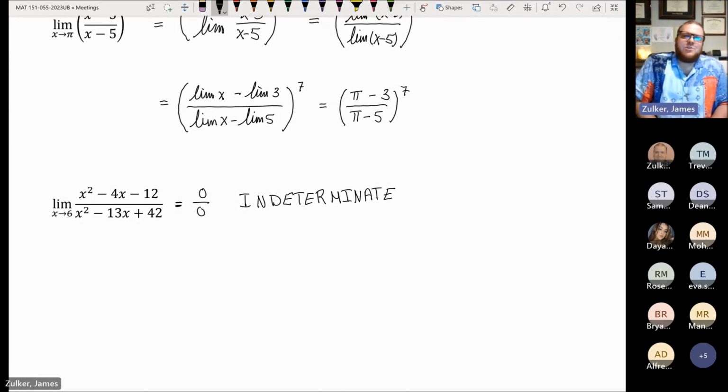This is called indeterminate. There are several indeterminate forms. The one we're going to encounter, in fact, I think it's the only one we're going to encounter, at least for this evening, is 0 over 0.